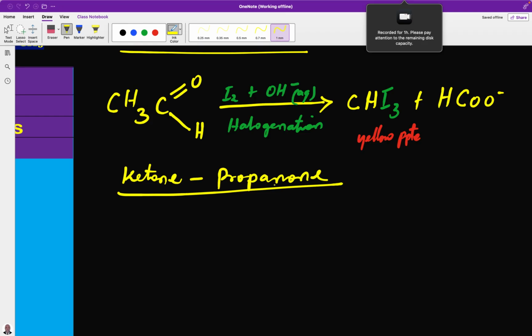This is the reaction, halogenation to form an intermediate. And you know this is propanone. We have CH3, CH3 as a halogenation to form an intermediate.